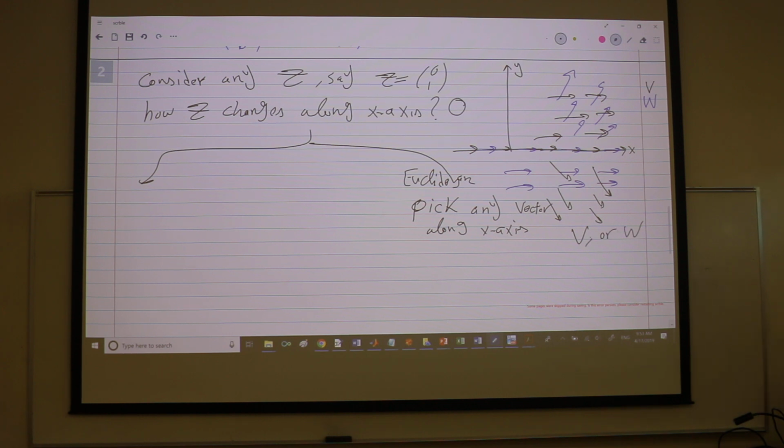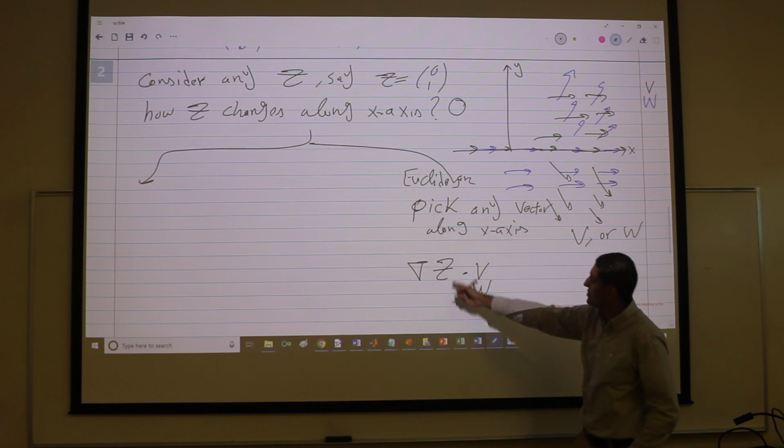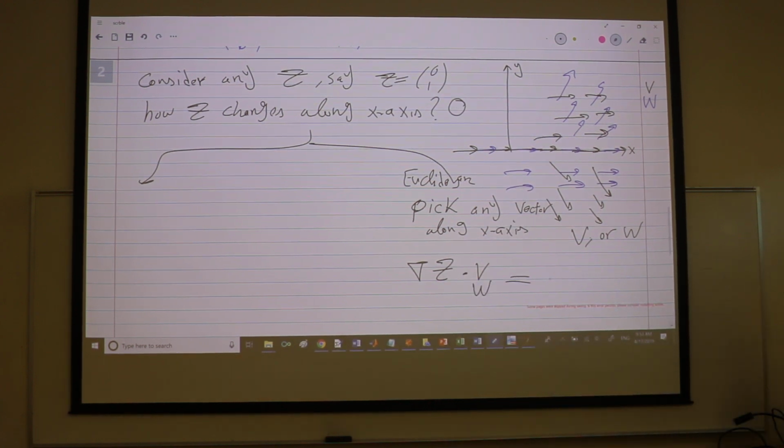And do this, nabla Z, the rate of change of Z in the direction of V or W. If you differentiate Z, Z is constant, so you get 0 here, dotted with any vector, you will get 0 there. In the direction of the x-axis.